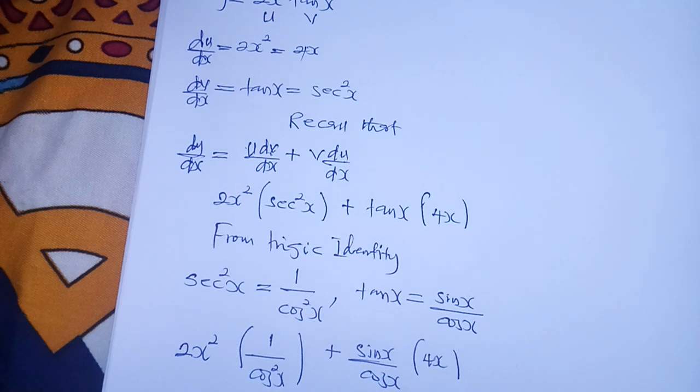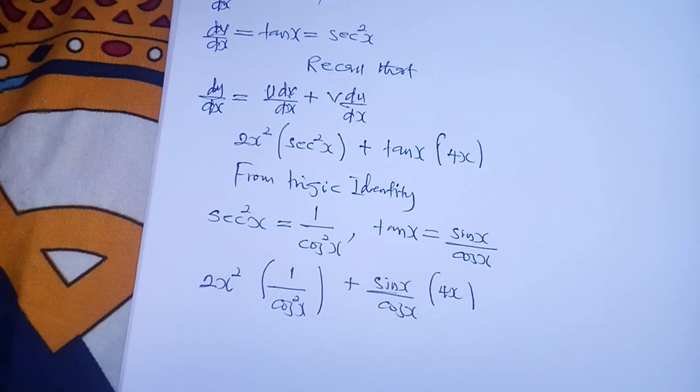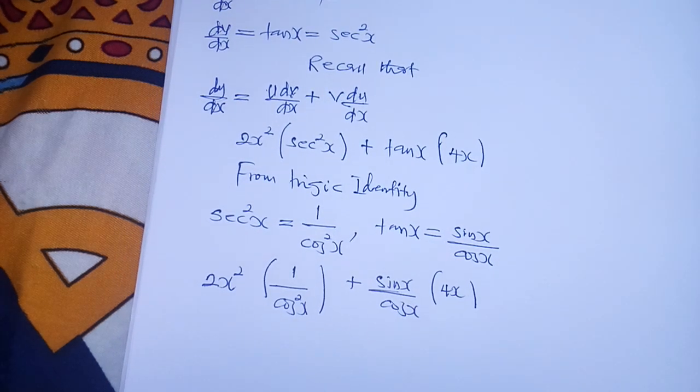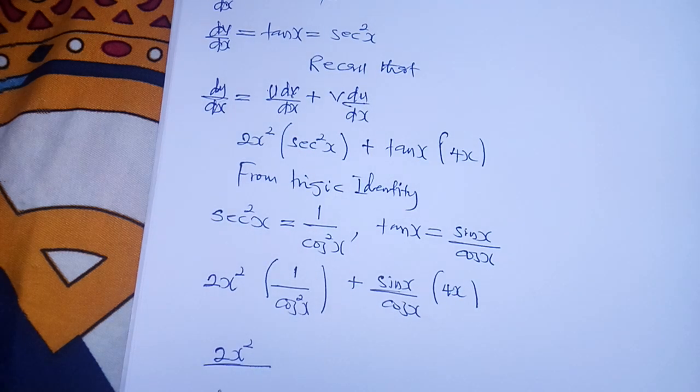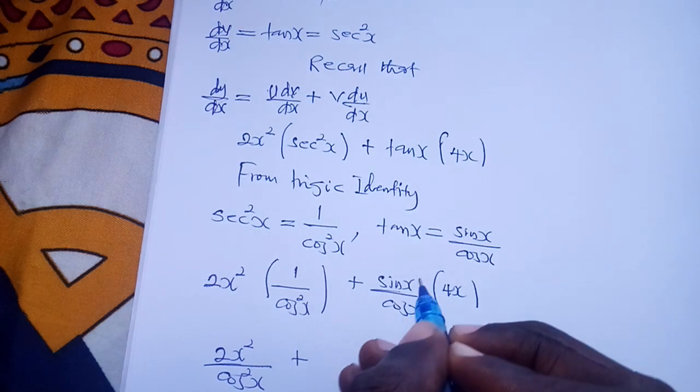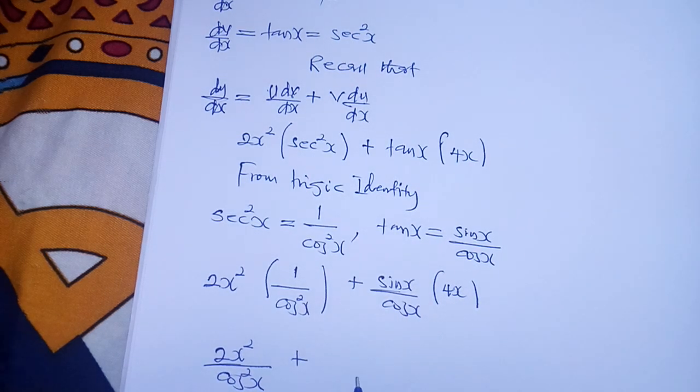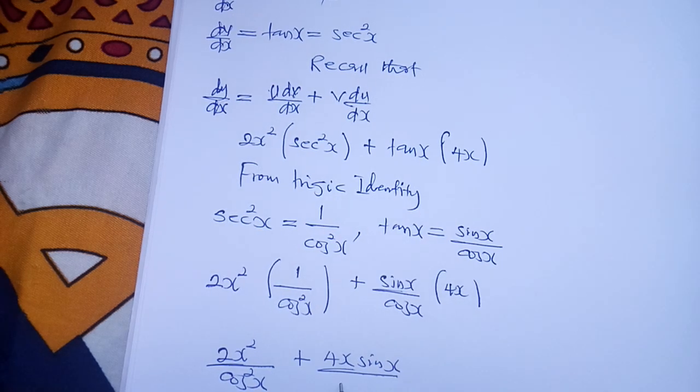Now we multiply. This one becomes 2x squared divided by cos square x plus 4x sin x divided by cos x.